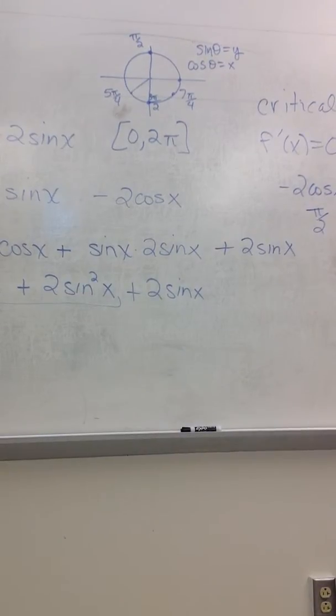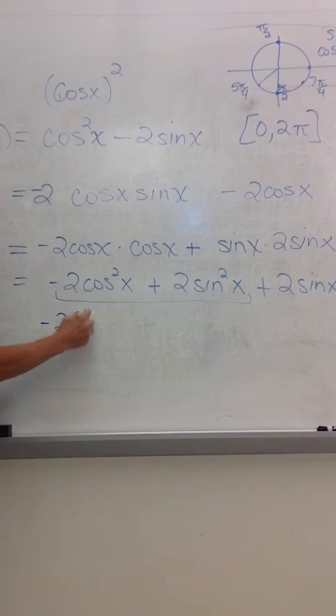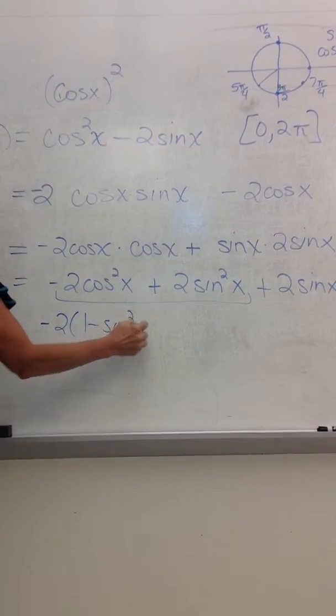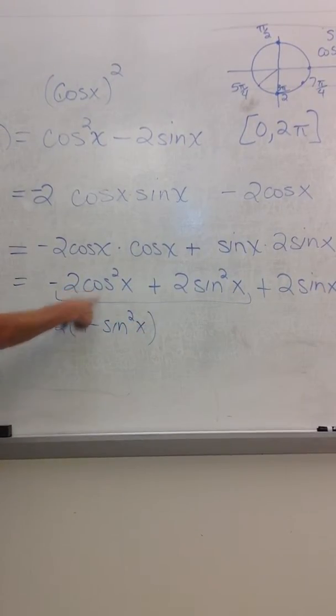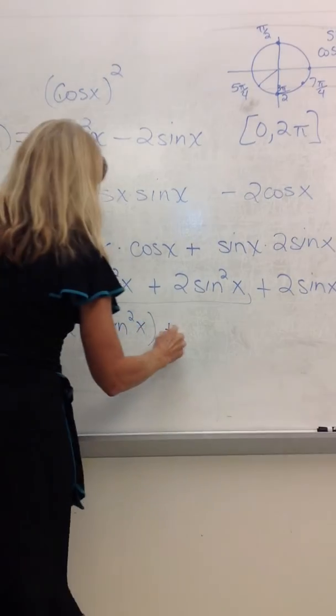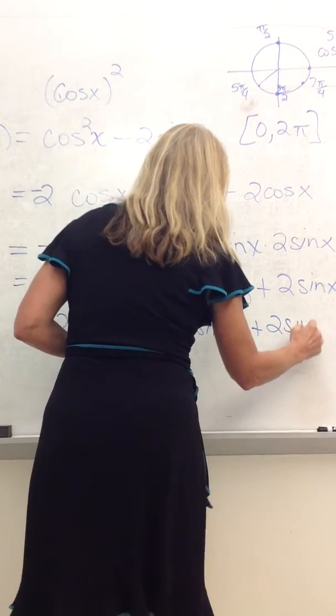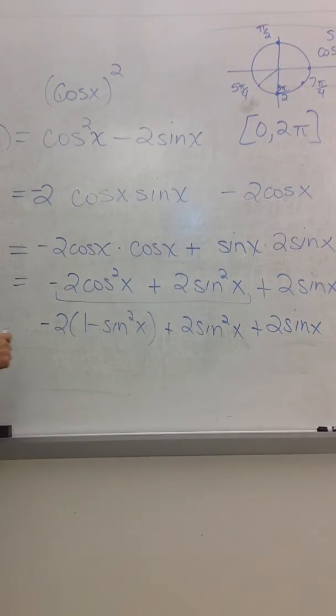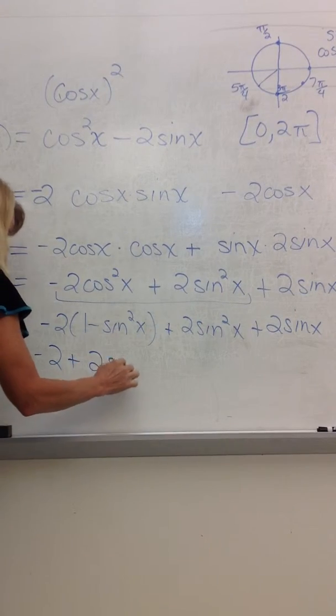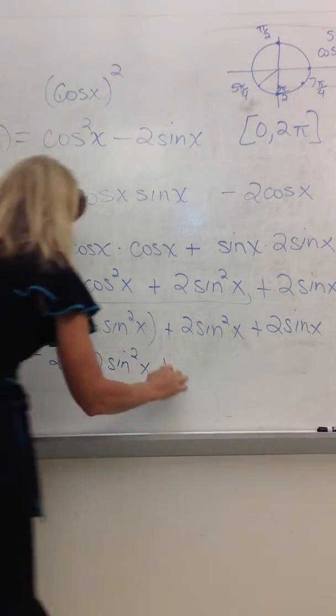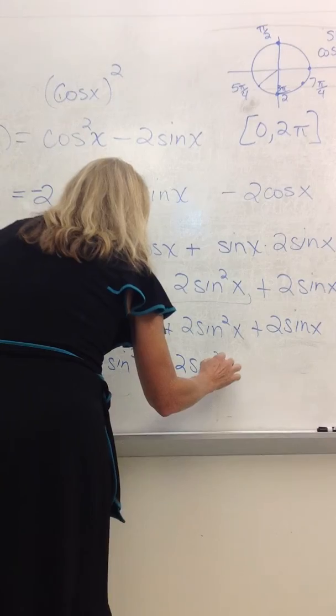So I actually want to rewrite cosine squared as 1 minus sine squared, because then everything will be written in terms of sine. So -2 plus 2 sine squared plus 2 more sine squared.